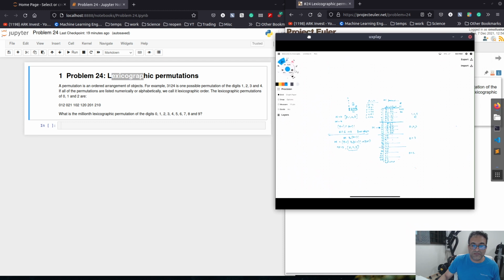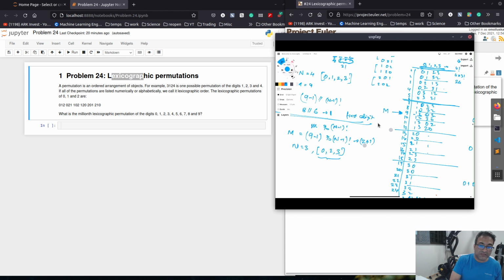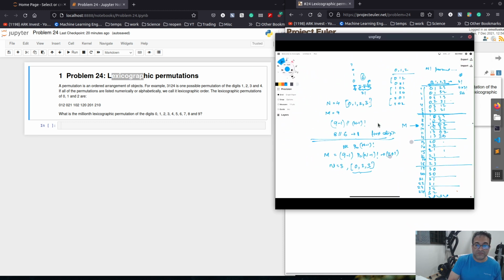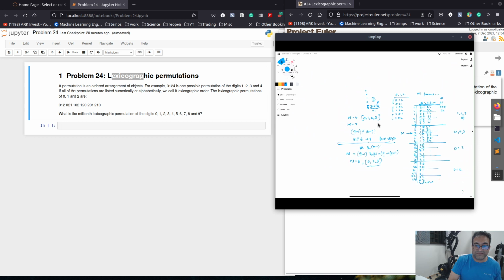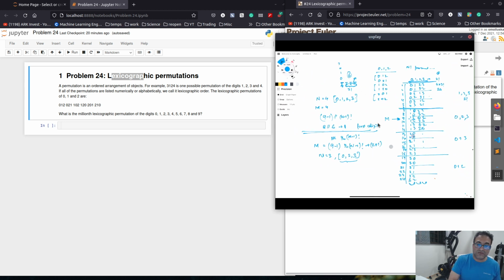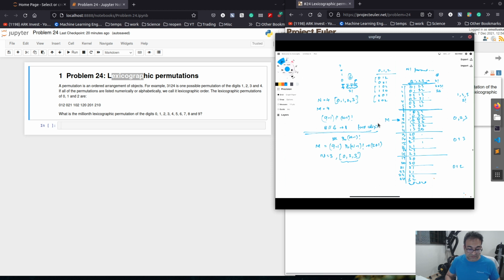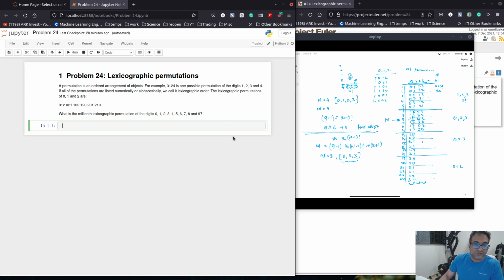I think we will be able to solve it this way. This looks like a more difficult problem than I had imagined. Okay, so let's try to solve this.